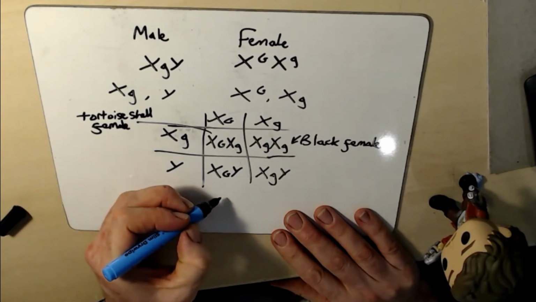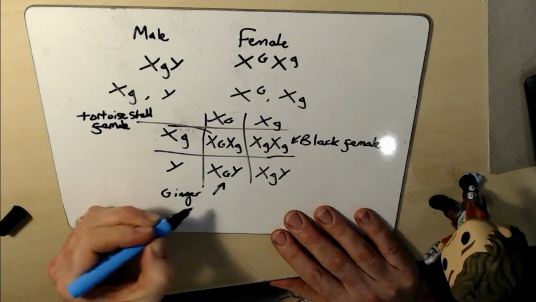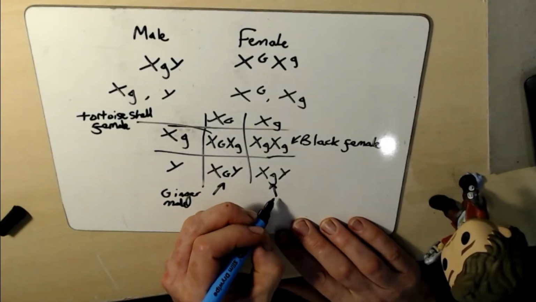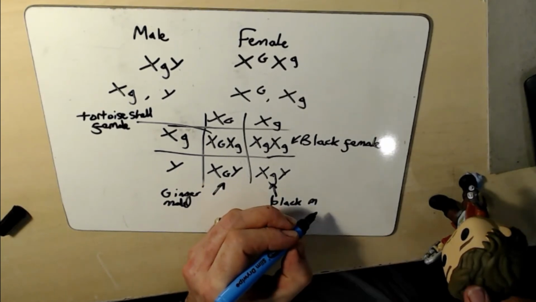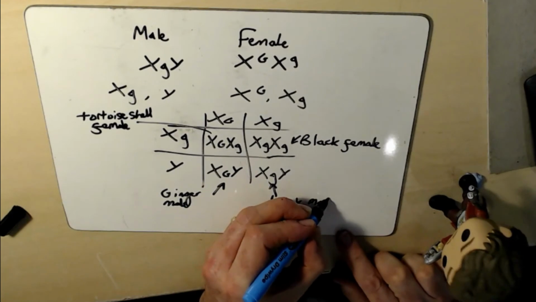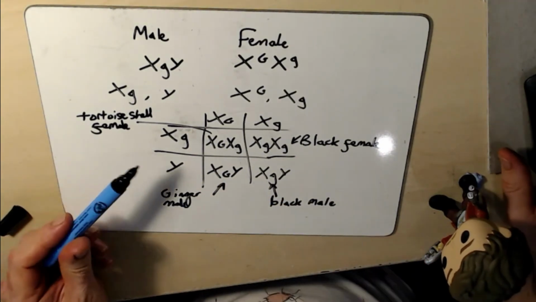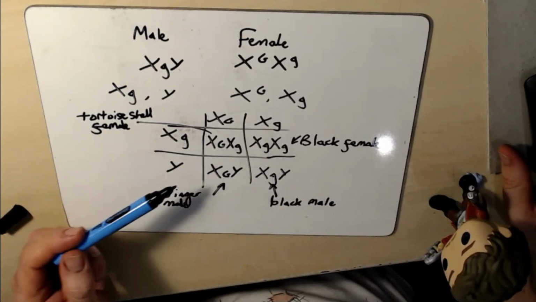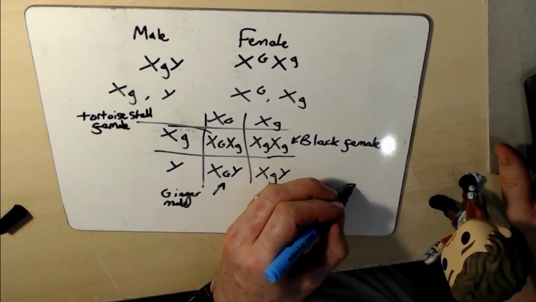You've got the ginger male, and finally you've got the black male. Okay, so we've got the correct gametes, we've got the offspring genotypes, which is shown in the Punnett square, and the phenotypes, so that will get you the 3 marks.